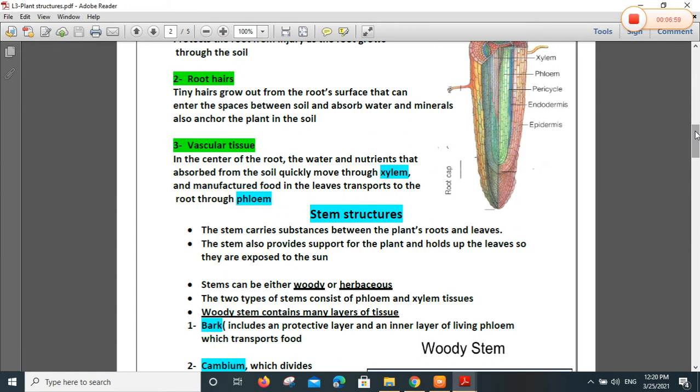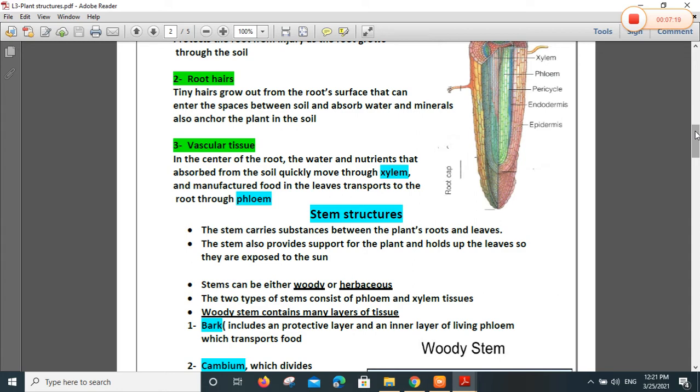The second structure that plays an important role in the plant: stem structures. The stem carries substances between the plant's roots and leaves.